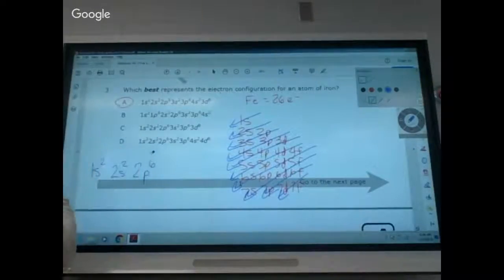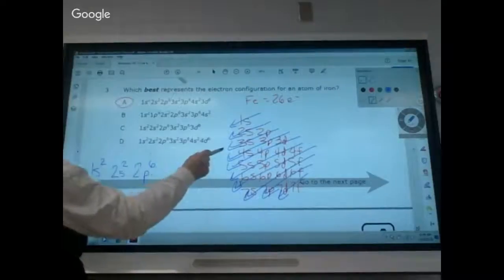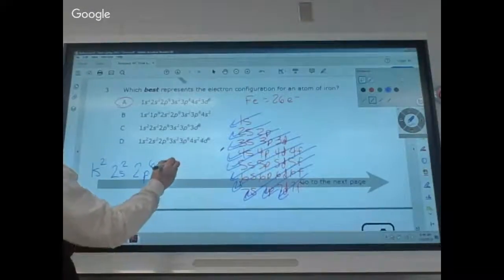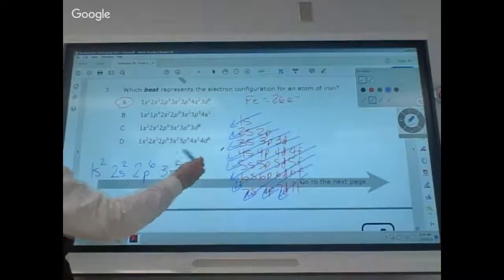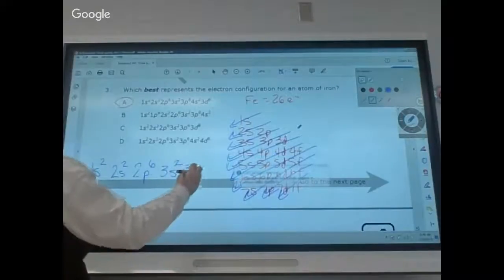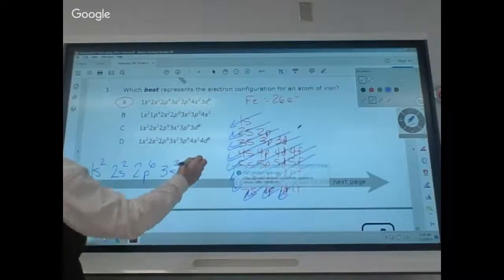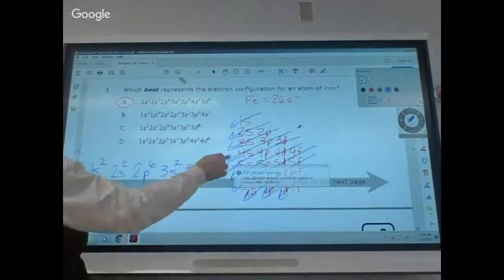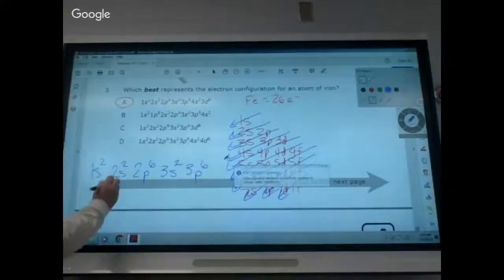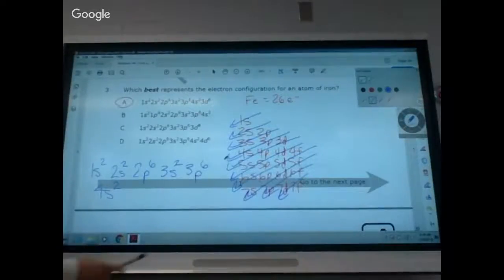I'm not at 26, so I have to keep going. What comes next? 3s. How many? 2. After 3s comes 3p. How many? 6. Next, 4s. How many? 2. We're at 20.